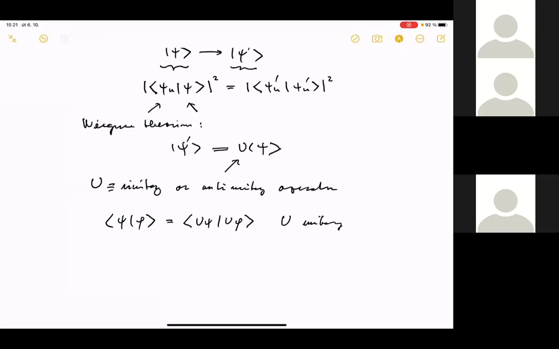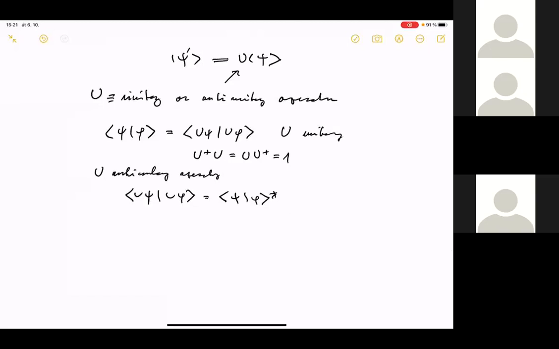And this can also be expressed in terms of the adjoint operator. In the case of an anti-unitary operator, the scalar product is preserved up to complex conjugation. Of course, in order to satisfy this, the operator U should be antilinear.